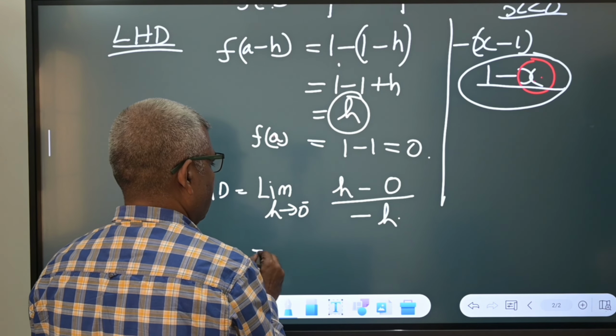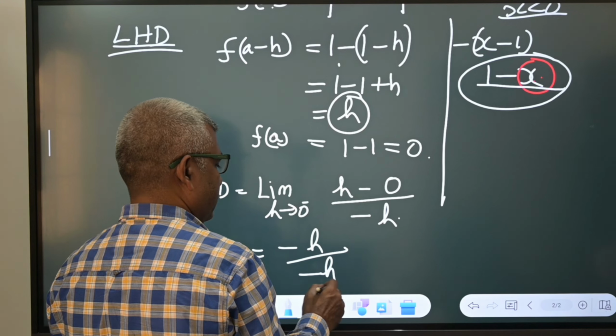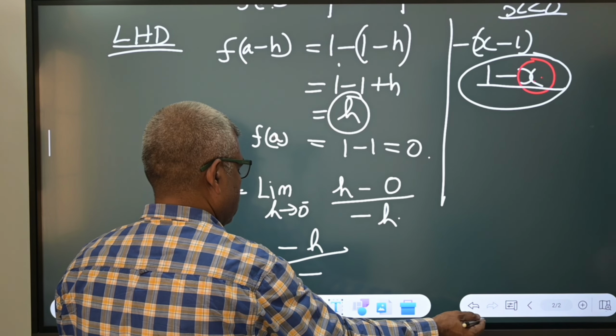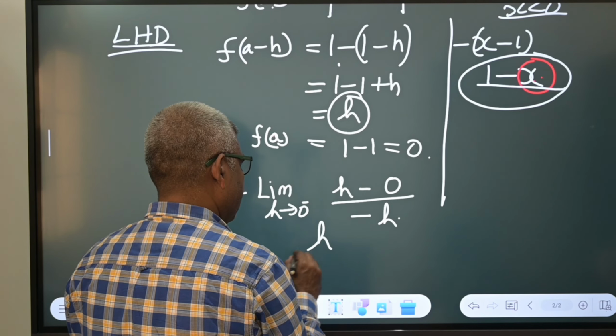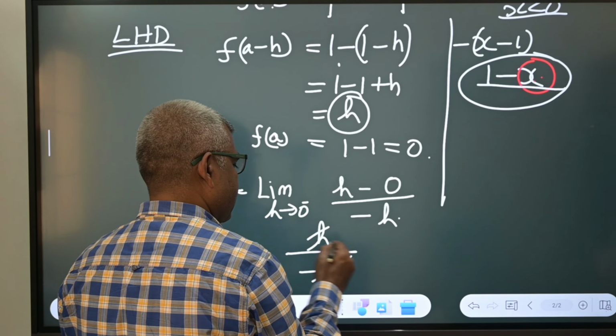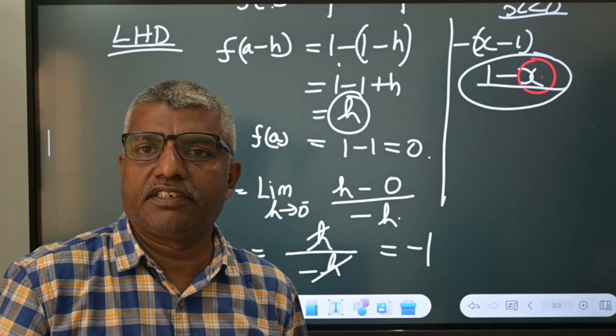So h by minus h cancels, and it is minus 1. Got it? Okay.